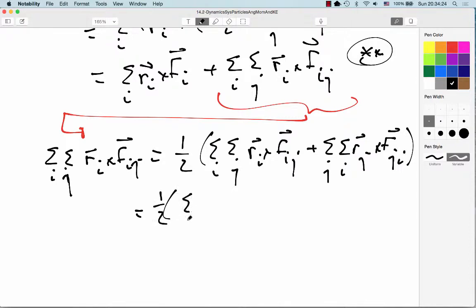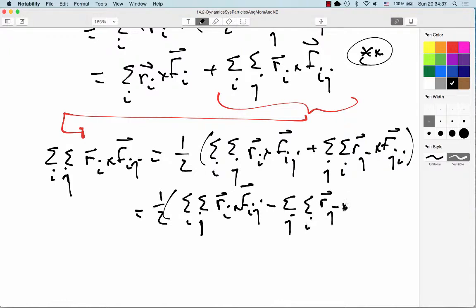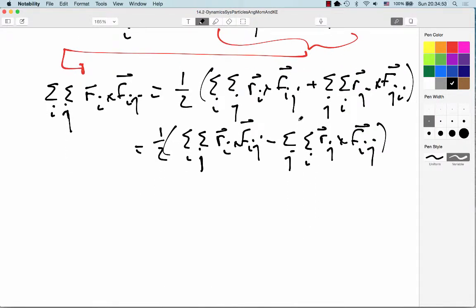So one half, sum i, sum j, r_i cross F_ij, minus sum j, sum i, r_j cross F_ij, like so. And again, the order of summation can be swapped because addition commutes.